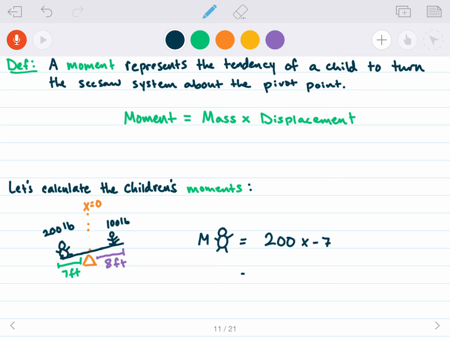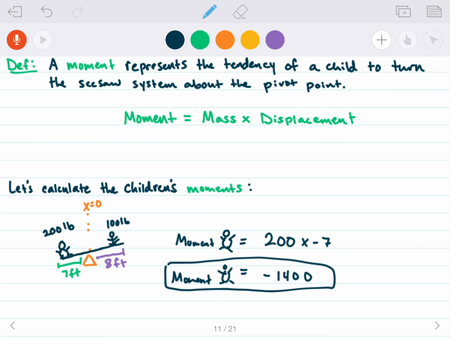So the moment is going to be -1400. Maybe I'll actually just write it out here, the moment, just so it doesn't get confused with mass. All right, so this is the moment of the bigger child.